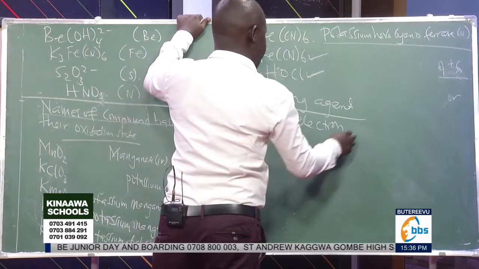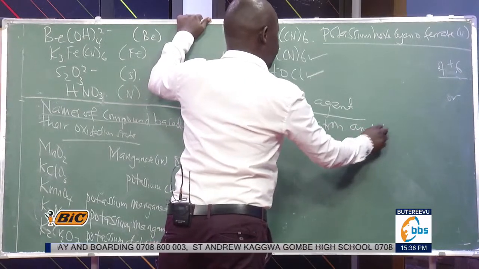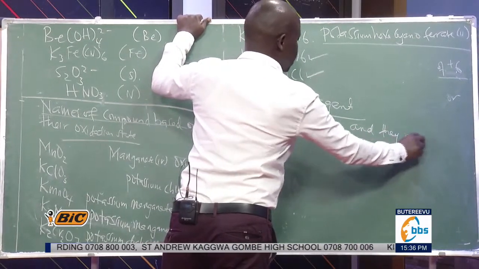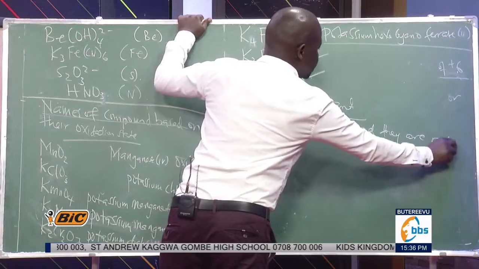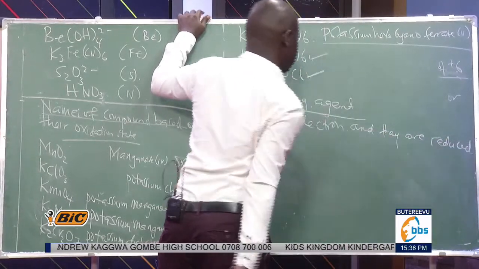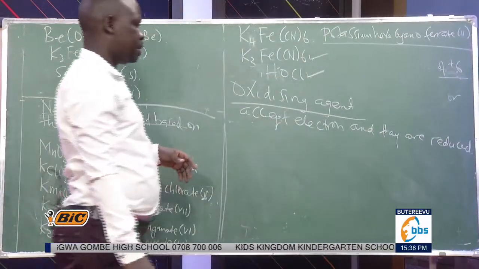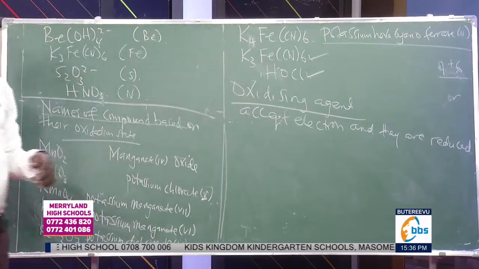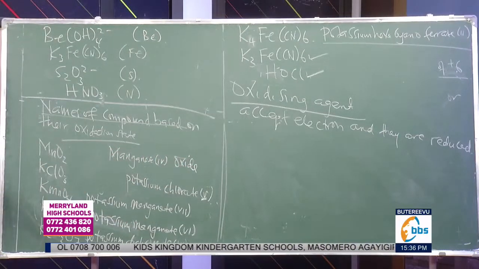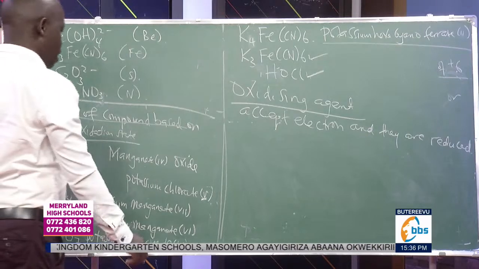Accept what? Electrons. And they are reduced. They are reduced. So these are electron acceptors. And they are normally what? Reduced.